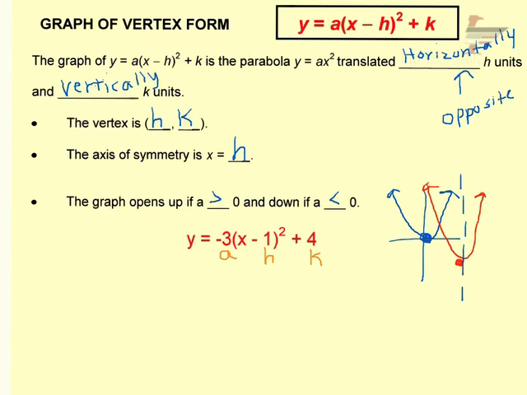So that means from your origin, I would shift to the right 1, up 4, and that's going to be my vertex. And then of course you know a works like your pattern of change, so you know you're going to have some parabola opening down, and I won't complete this because other videos will work through this. But a real easy form, in fact my favorite form because it's so easy to utilize.